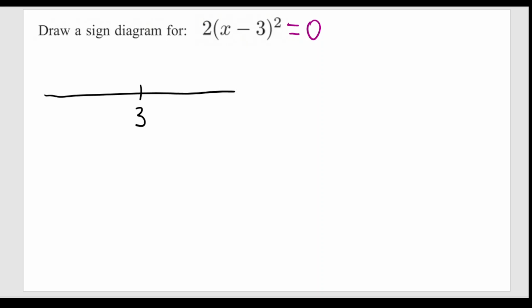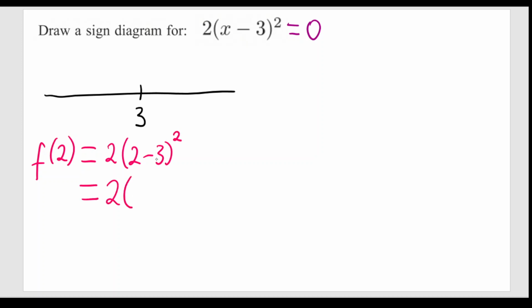Now let's look either side of this, and let's say f of 2 is equal to 2 times 2 take 3 squared, which is equal to 2 times negative 1 squared, which will give us 2 times 1, which is 2.